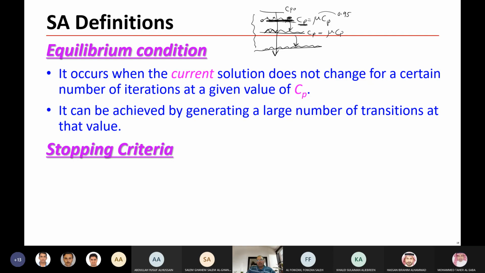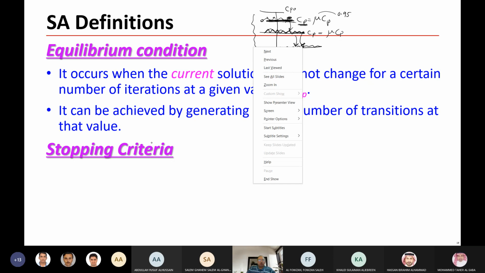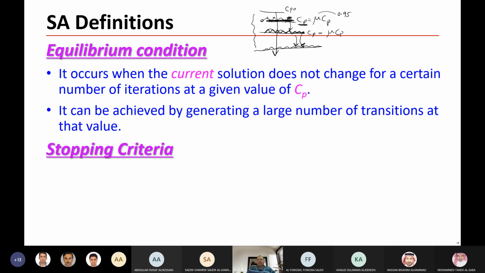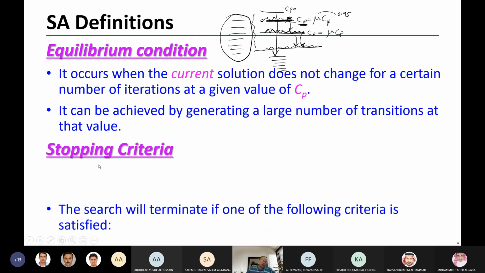One is at each level, you have a stopping criteria, and based on this stopping criteria, you cool down to another level of CB. What we mean here by the stopping criteria of the whole technique is, for example, 10 levels of CB without a change of the best solution. So we can stop the search. There is no need to cool it down again and again.